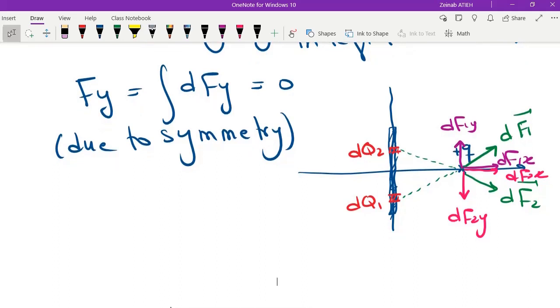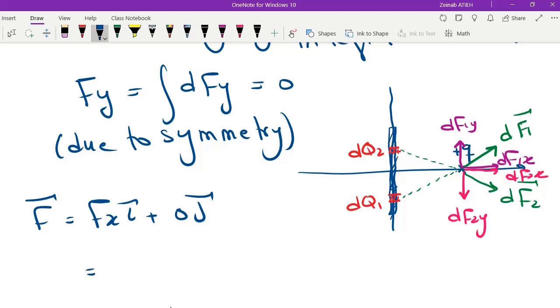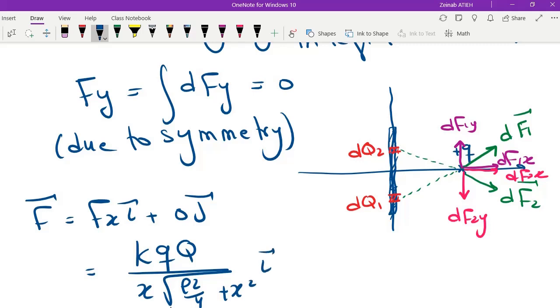So in this case, what can we say? We can say that the force F turned out to have only Fx and no Fy, it's 0j. So if I want to write my force F, it's equal to KQ over x radical L squared over 4 plus x squared, in the i direction.